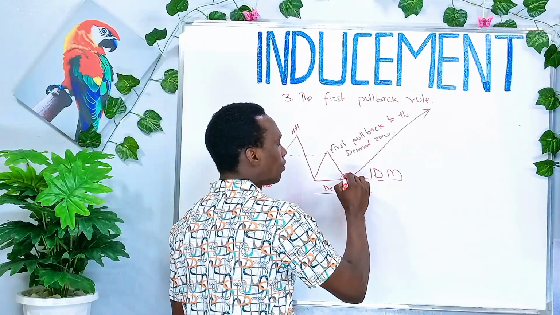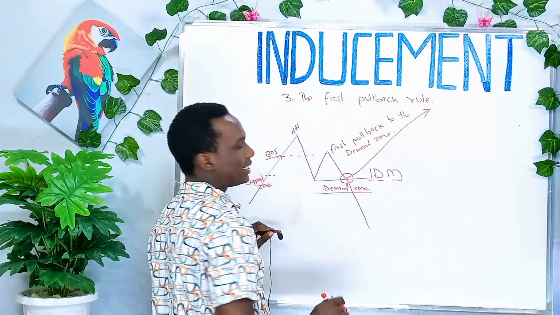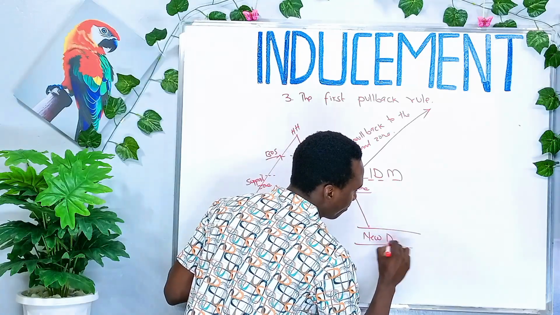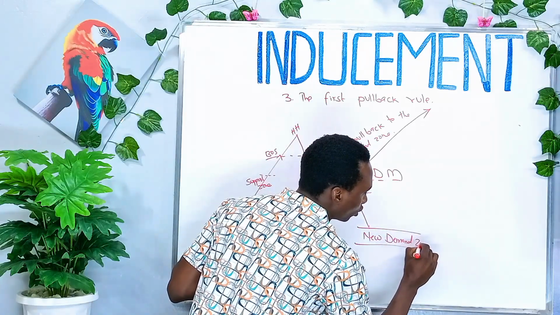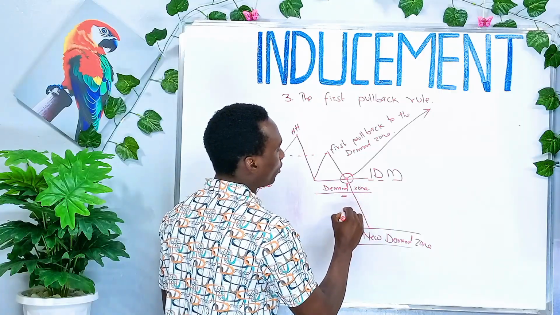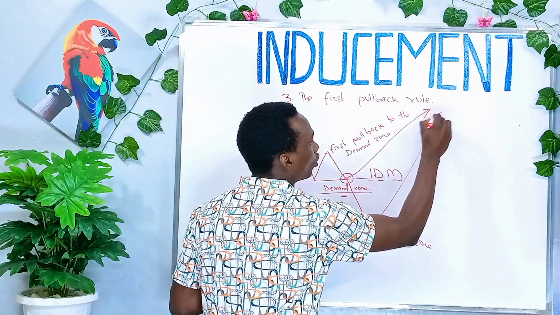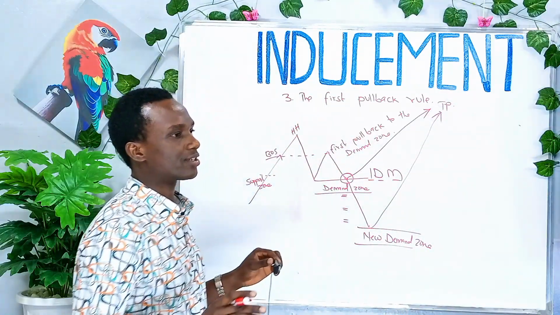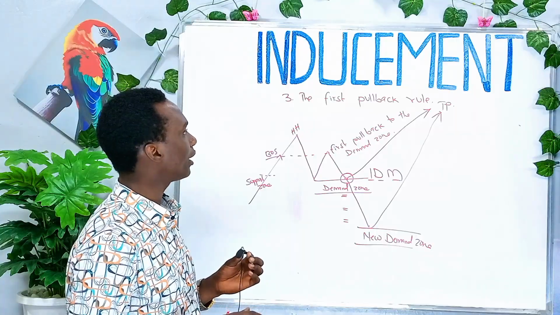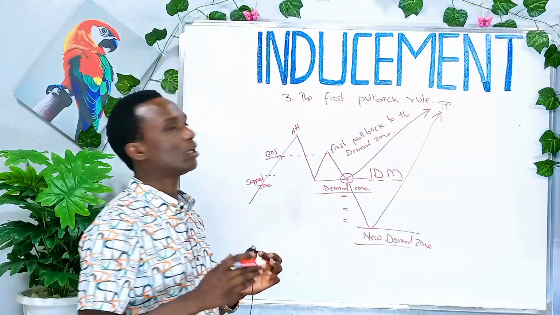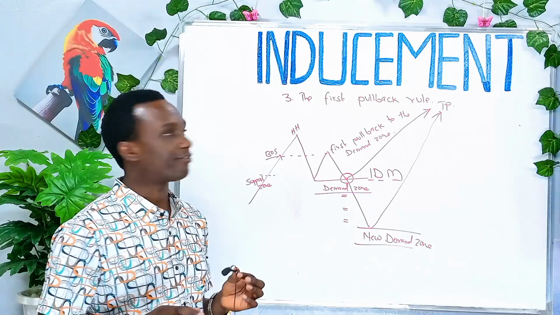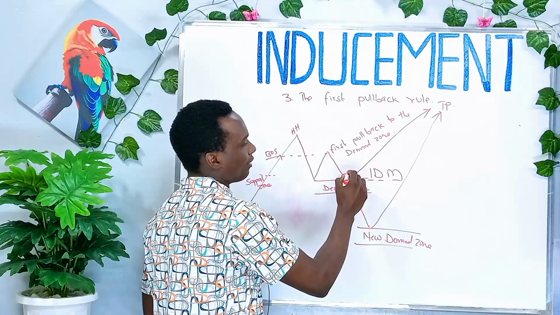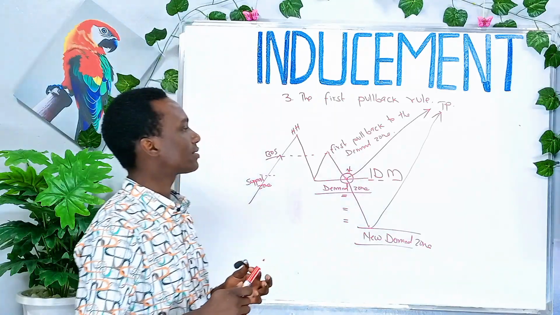The price may come, sweep the liquidity deeper into this zone, create a new demand zone after eating all these stop losses that were here, and then go to our original direction and reach the TP. So this is the third rule and the third way to identify a potential inducement level.